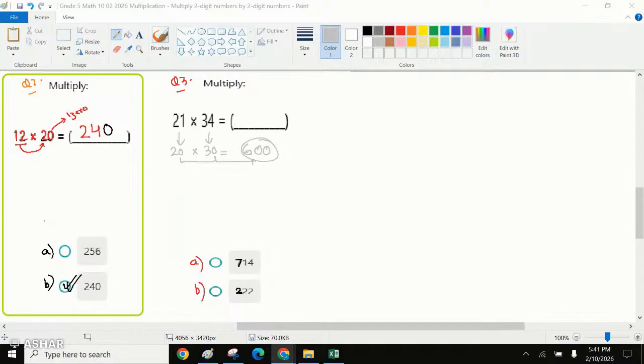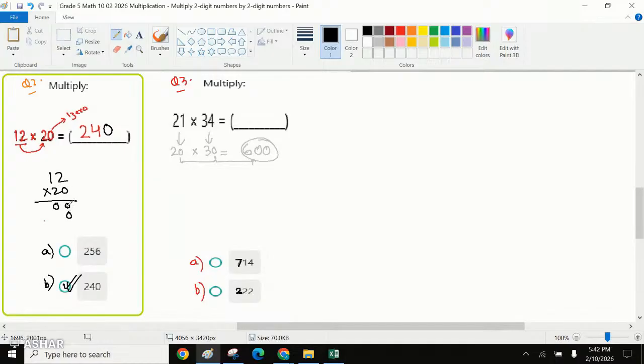So 21 multiplied by 34. There is no 12 multiplied by 12, Semi. That is 12 multiplied by 2. Okay, I'll show it to you for this question. 12 is multiplied by 20. 0 multiplied by 2 is 0. 0 multiplied by 1 is 0.